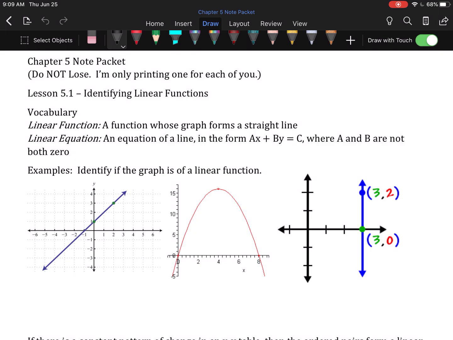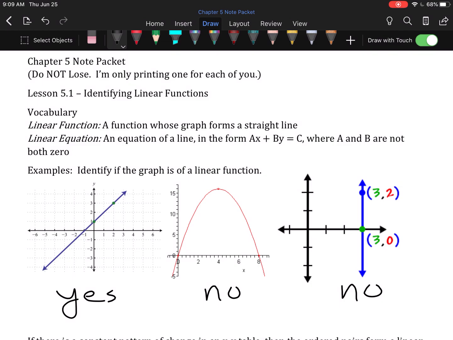So identify if the graph is of a linear function. Well, that's easy. Is it a line? Yes or no? And we can pretty quickly go yes, no, yes. Oh, wait, I wrote no. The reason I'm writing no, even though that is definitely a line, is it's not a function. You got to think back to chapter 4, which we just completed.